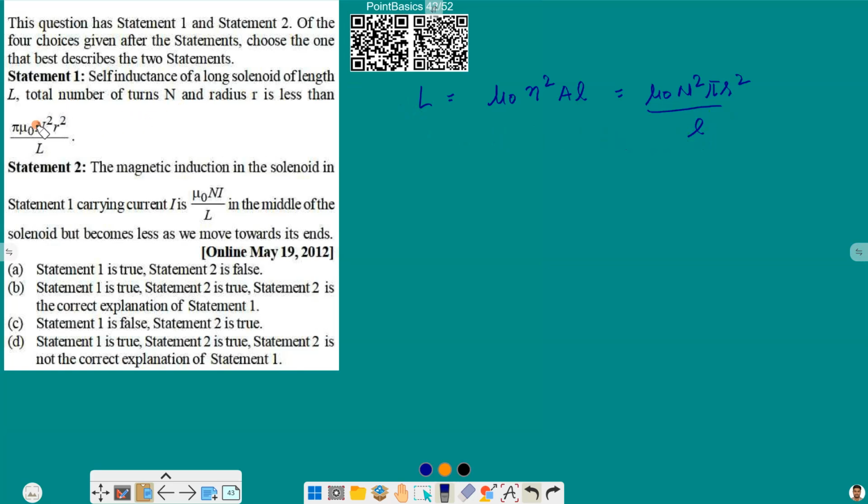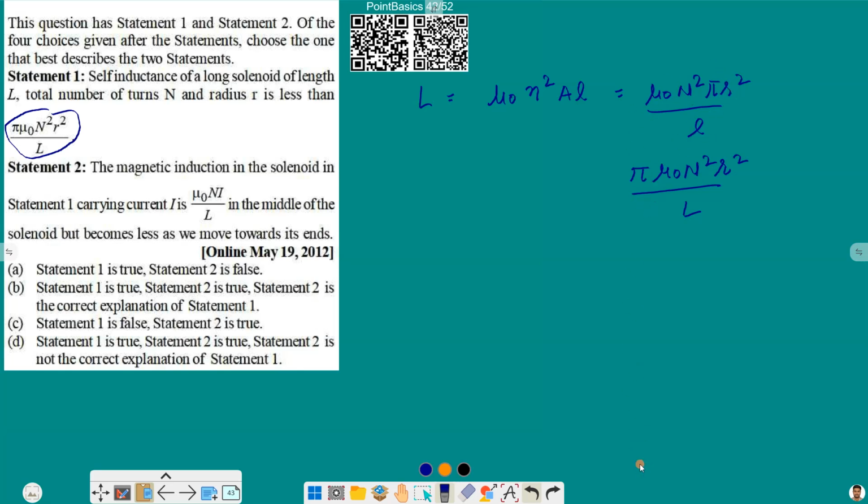It is the same. We have been given that the self inductance of the coil is less than this one, and if I write this here, it is pi mu node n square r square L. This is the same value here, just pi shifted slightly.